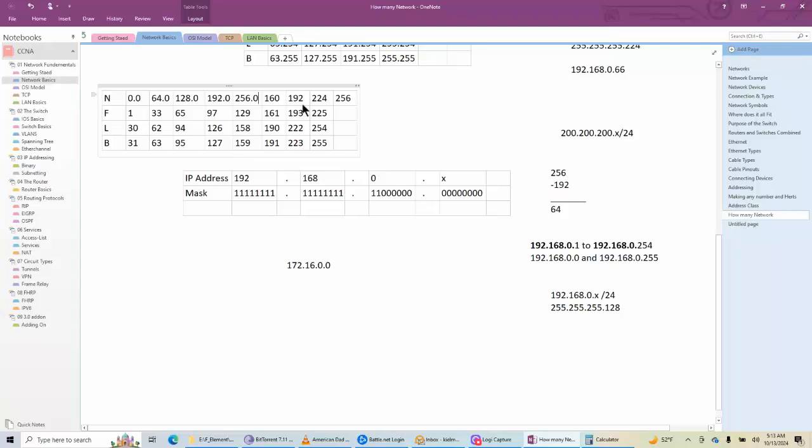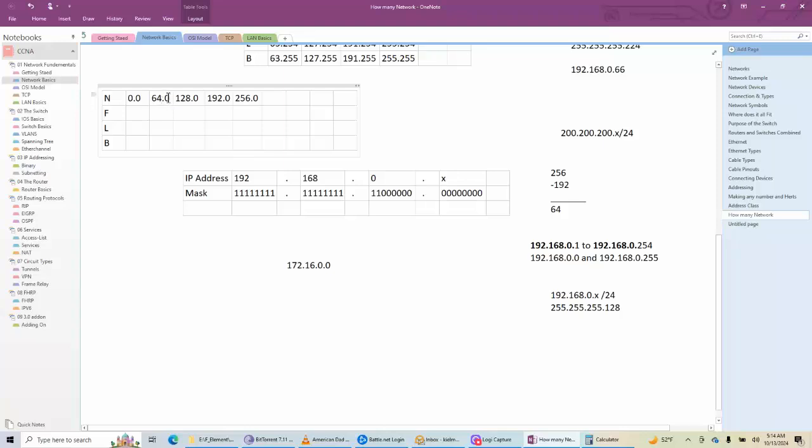Okay, now pay attention to what you're doing, because it's not just this number that we change when we're doing the broadcast address.